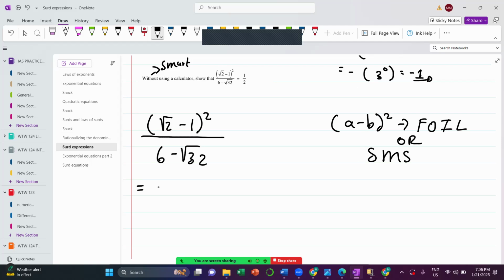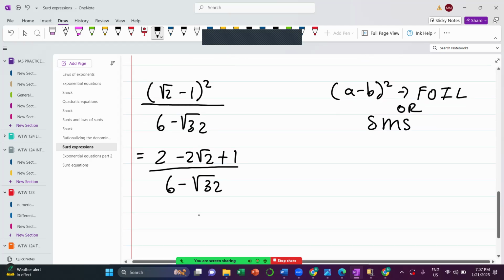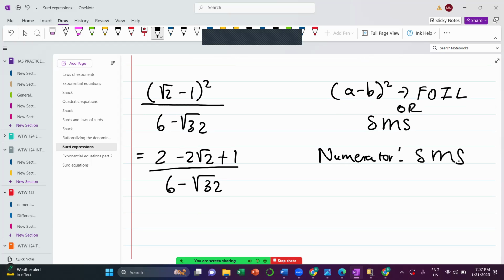So I'm going to have 2 minus 2 root 2 plus 1 all over 6 minus root of 32. So here, in order for me to get the numerator, I just used my SMS method.